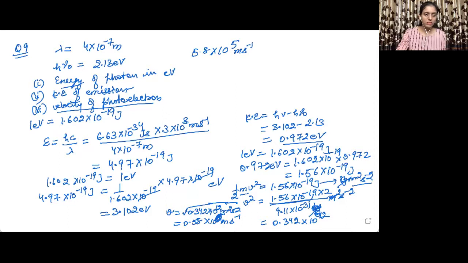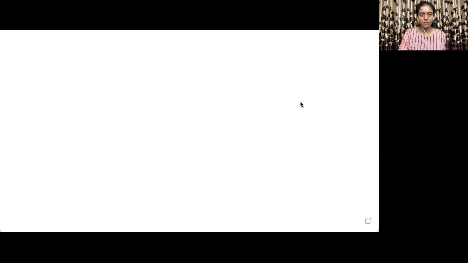So let us now move into question number 10, from this exercise. Electromagnetic radiation of wavelength 242 nanometer is just sufficient to ionize the sodium atom. Just sufficient means the energy is not less than what is required, and the wavelength is not more than required.